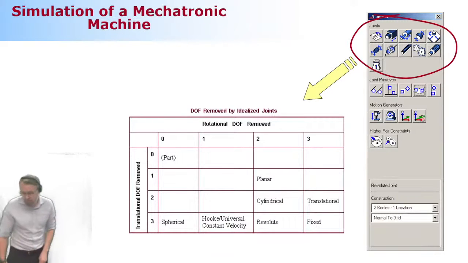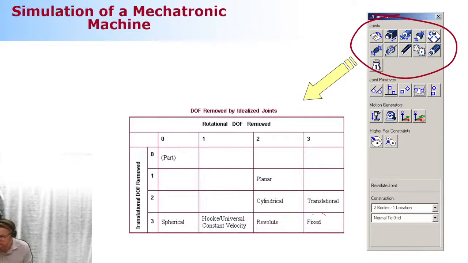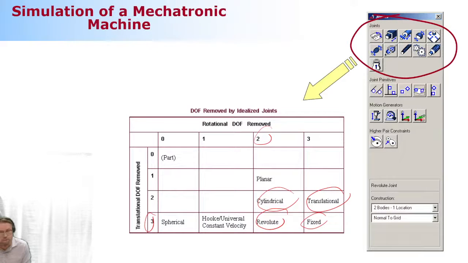You can read it by yourself. I have here fixed joints, which need 3 plus 3, so no motion whatsoever. Translate revolute joint needs 3 plus 2, so it's 5 constraint equations. Translational joint the same, but in different order. Cylindrical needs 2 plus 2, and so on and so forth.